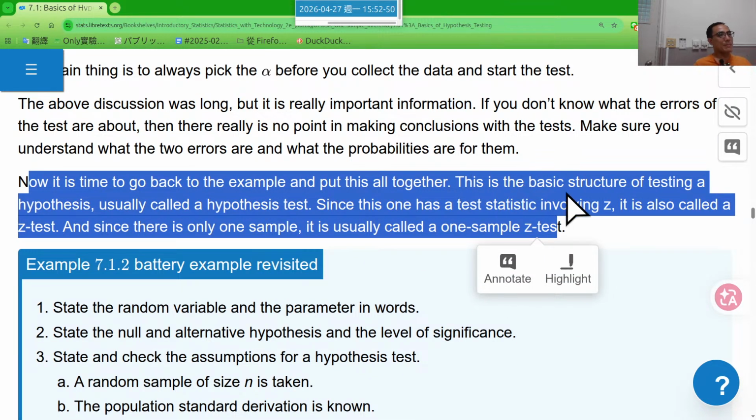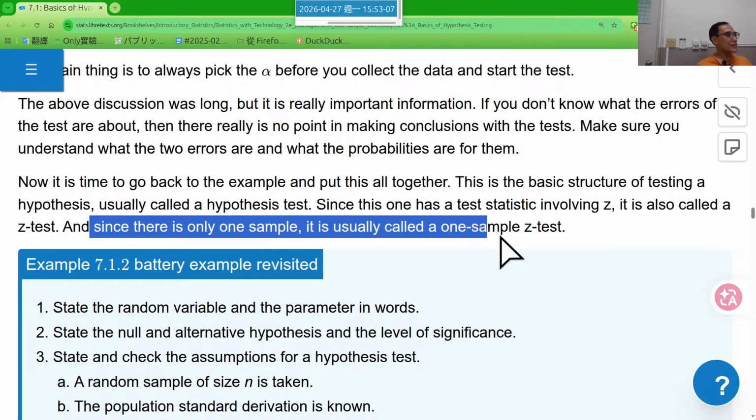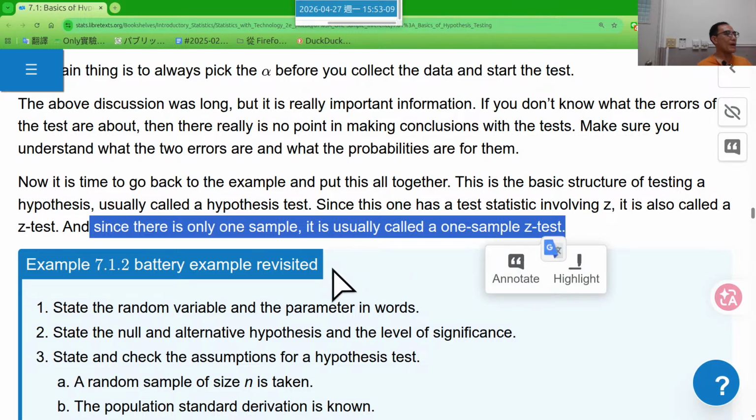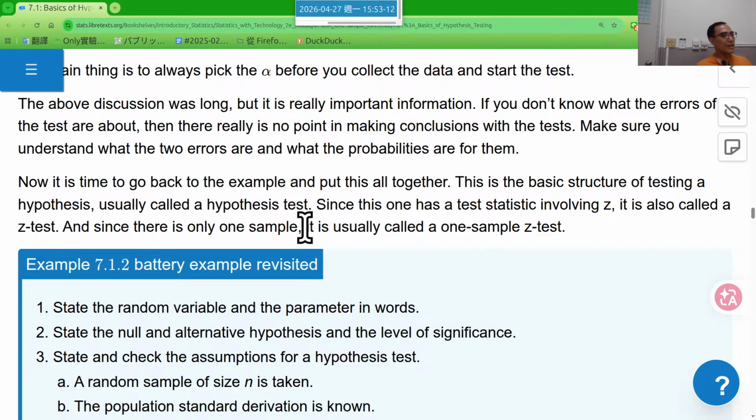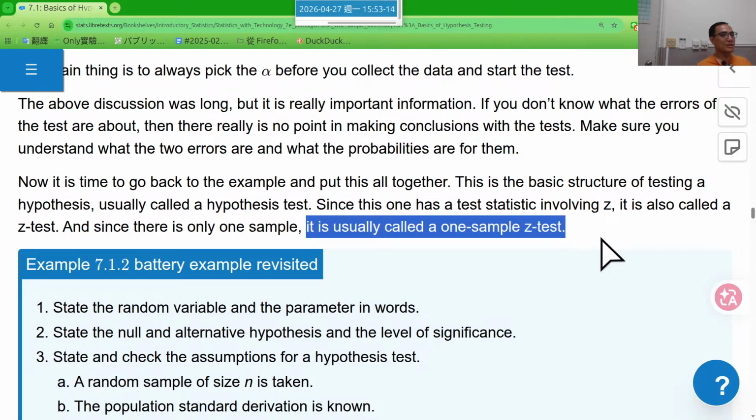This is the basic structure of testing a hypothesis. It's usually called a hypothesis test, since one has a test statistic involving Z. It's also called a Z-test. And since there is only one sample, it's usually called a one sample Z-test.